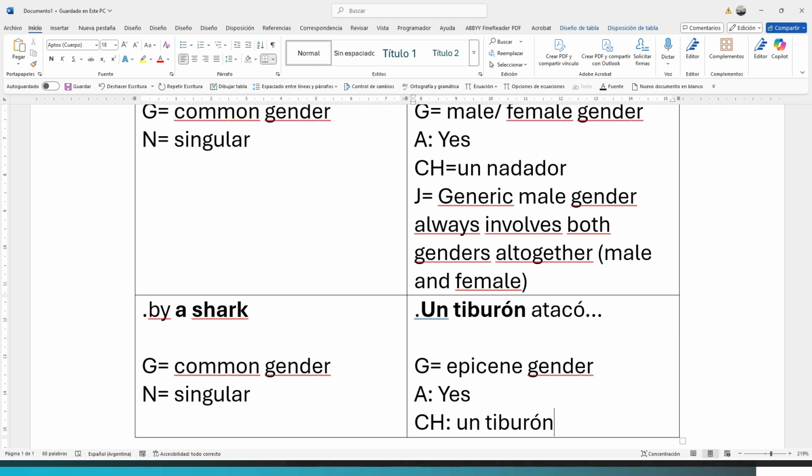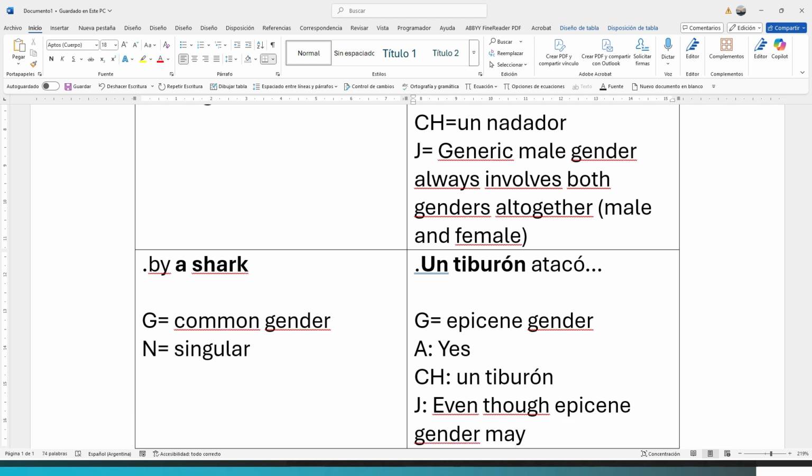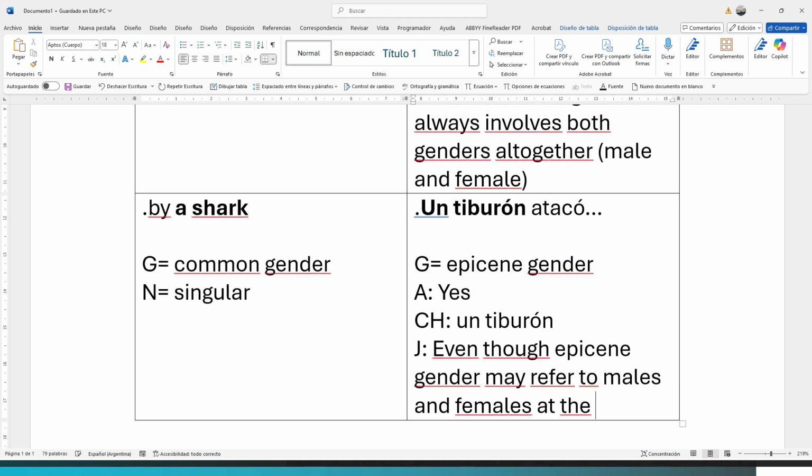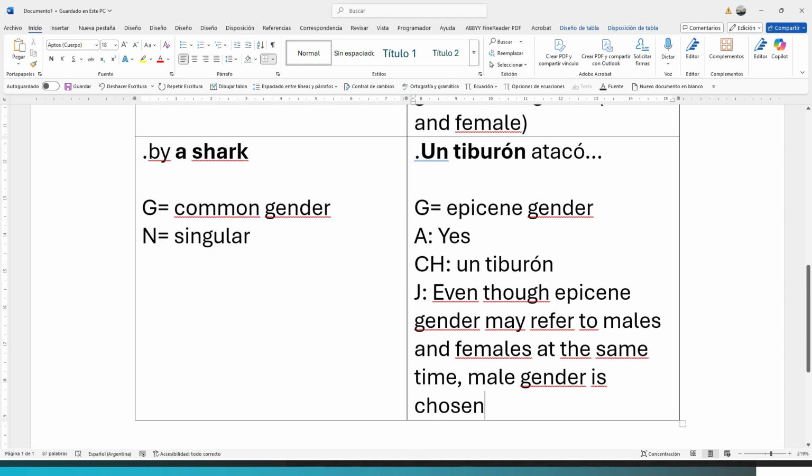Why? Because this is the gender arbitrarily given by dictionaries. So, how would you justify your choice in this case? We can say, even though epicene gender may refer to males and females at the same time, male gender is chosen.